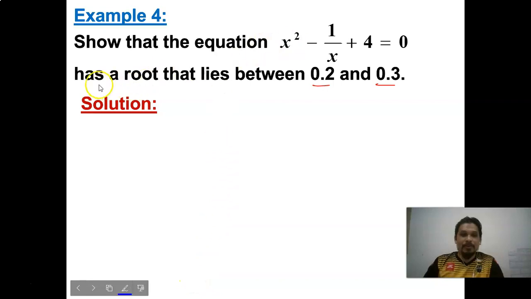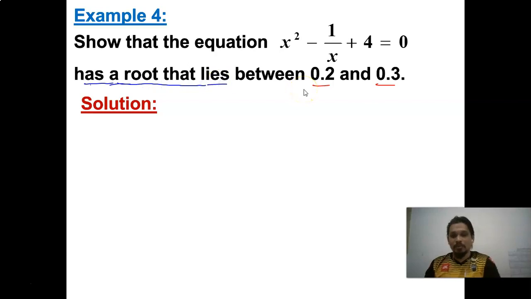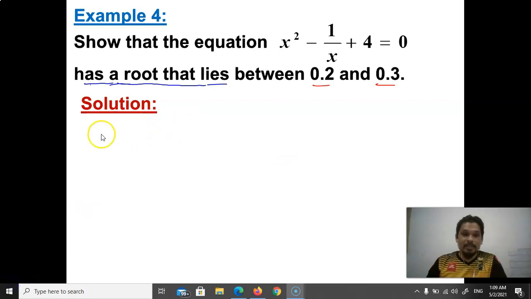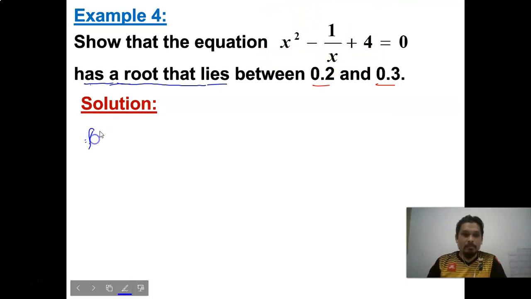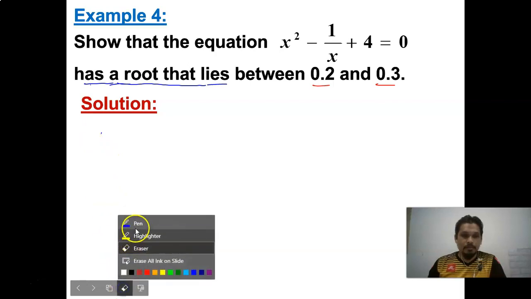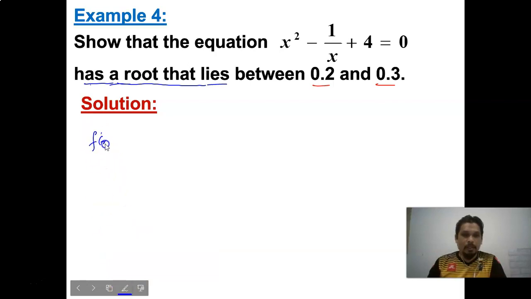Just imagine that I take this as f(x), so f(x) equals x squared minus 1 over x plus 4.